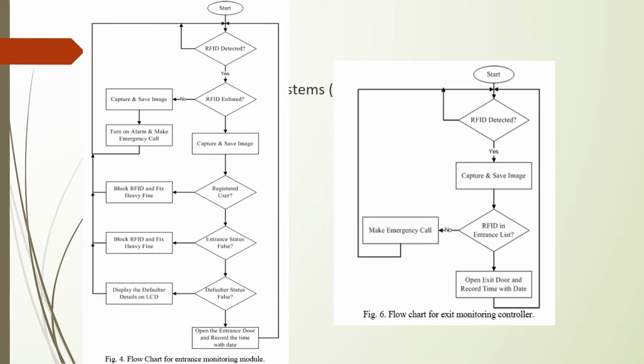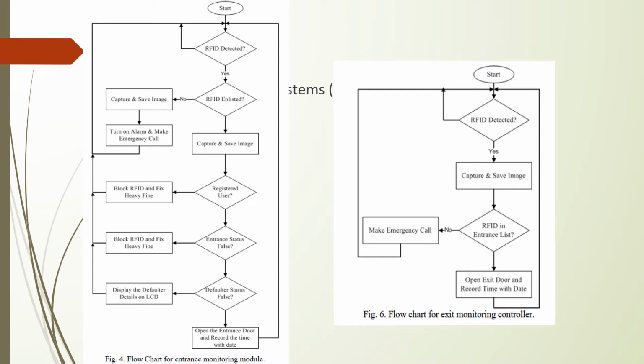First, whenever a user is present at the door, they scan their RFID tag. If the tag is detected and it is an RFID enlisted in the database, then the system will take a picture, save it, and match it against the database.